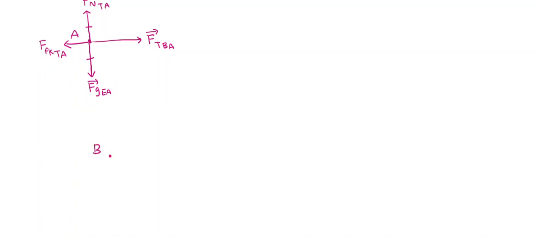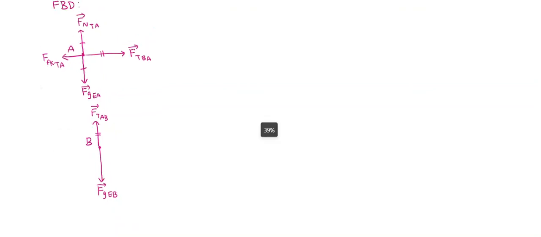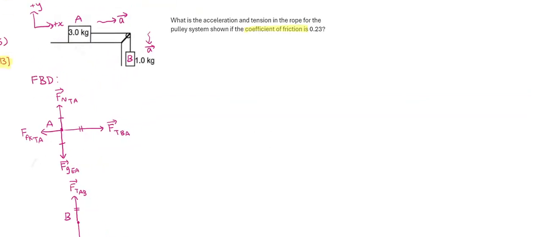It's just like the last problem. We only have gravity and the tension force upwards. And then I'm going to put these ticks here because the tension force is equal for both, since they're both connected by the same rope.